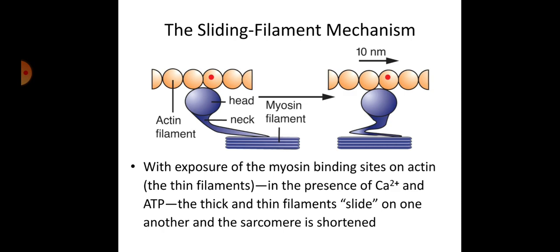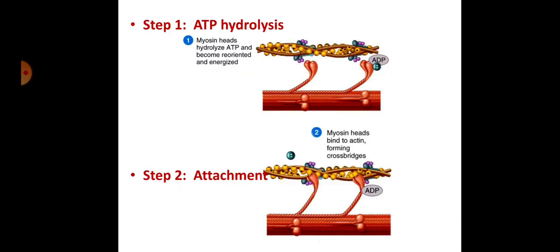With exposure of the myosin binding sites on actin, the thin filament, in the presence of calcium ions and ATP, the thick and thin filaments slide on one another and the sarcomere is shortened. Here in this diagram, the cross bridge attachment to the actin fiber is clearly seen.